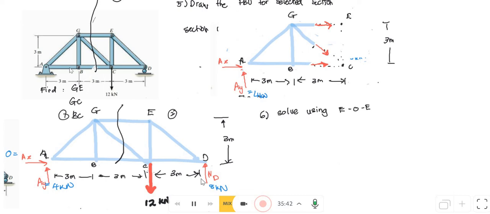You see here that member BC only has the x component, because member BC is in the x direction, and member GE is also in the x direction.